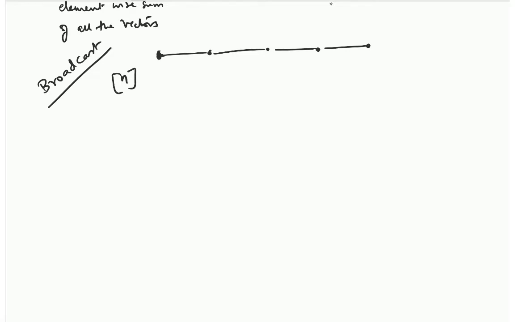Just to illustrate the point again, right? Suppose that I have, let's say, a linear array again. And let's say I have a vector of size n. I'm just going to deal with a very simple operation, broadcast, that's it. Let me start with something very, very simple. I just want to broadcast a vector of size n to all the nodes.